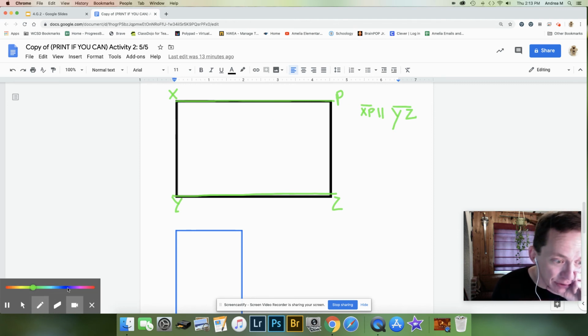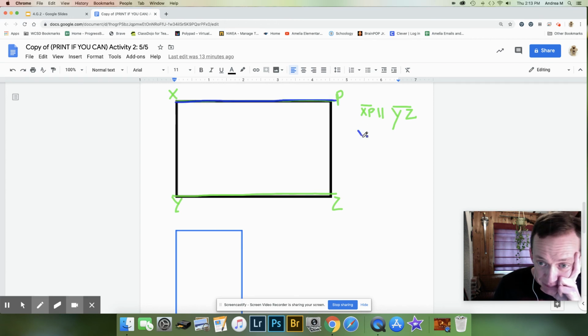But if I wanted to focus on today, I could say XP is perpendicular to PZ, because when they meet each other, they're making that right angle. Okay, makes sense?